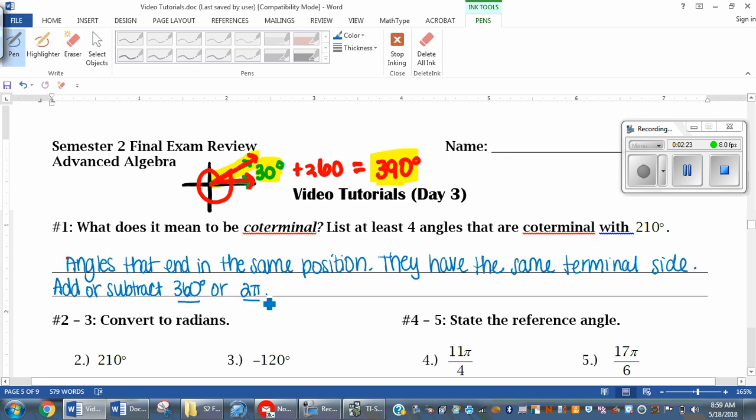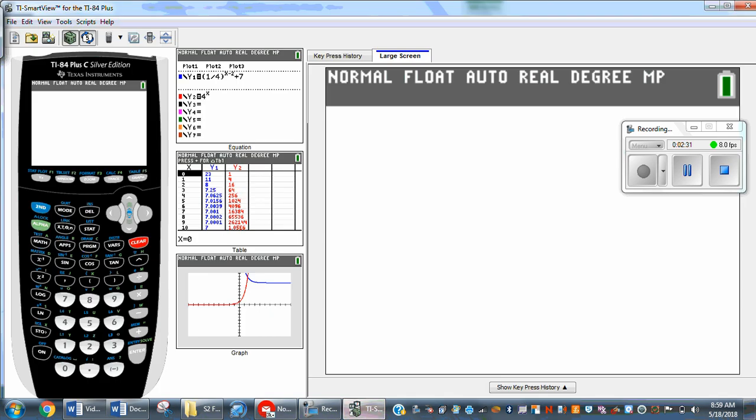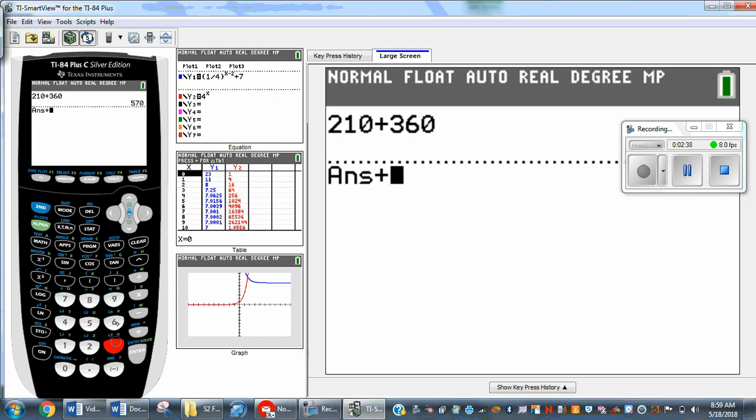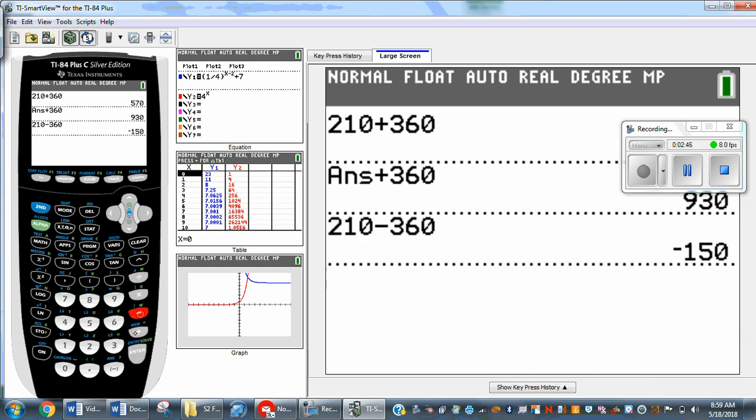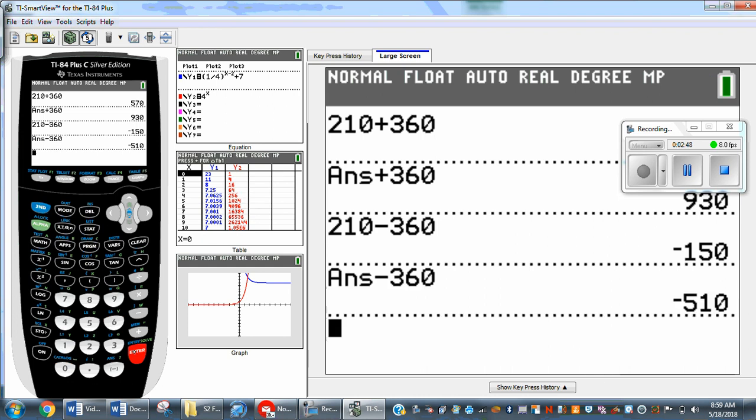Now the second part: list at least 4 angles that are coterminal with 210 degrees. We start in degrees, so we want to stay with degrees. I can take 210 and add 360 degrees, add another 360 degrees. Okay, so there's 2. Or I could take 210 and subtract 360 degrees, and do the same thing again for another rotation.